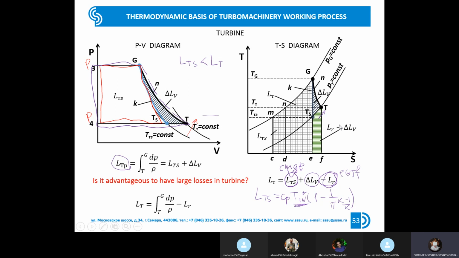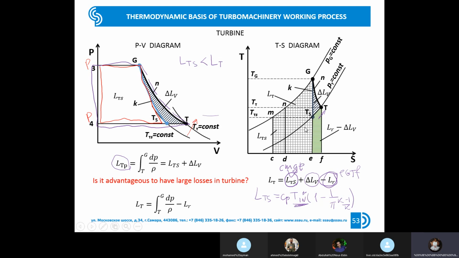And only one moment I want to say to you. I'm not sure it's really so, but in the textbooks dealing with turbomachinery, the authors say that the area CMND is approximately equal to the area ETSTF, if these lines are parallel.